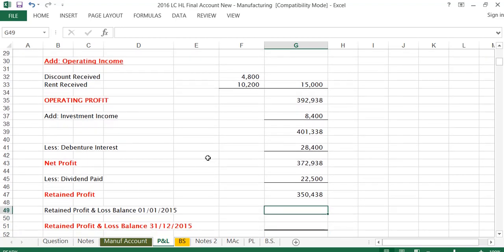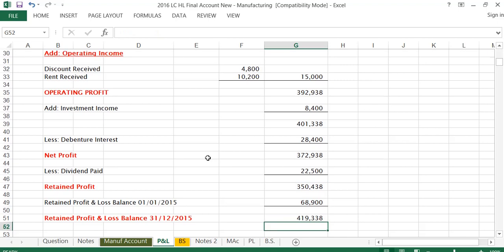Then I have to add on my profit and loss balance at the start, which I will get from the trial balance. The profit and loss balance from the start, the third figure of the trial balance, is 68,900. I'm going to add that on to the retained profit for this year, which leaves me with a retained profit and loss balance at the end of the year of 419,338. And that is my profit and loss done.